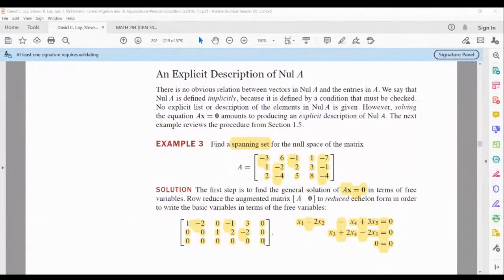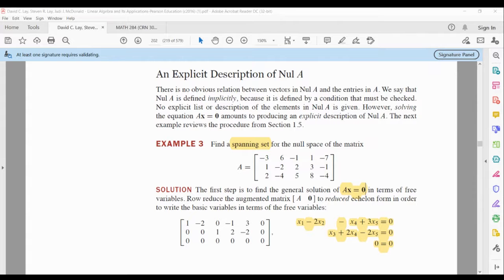Good, and so the matrix A is what? If I'm multiplying A times X here, and the vectors X that solve that homogeneous system of equations, those solution vectors X generate my null space.